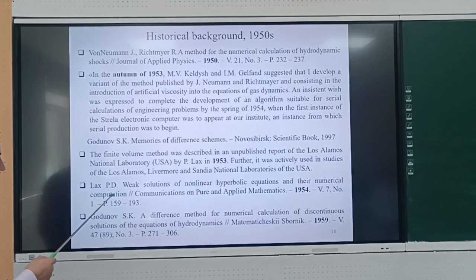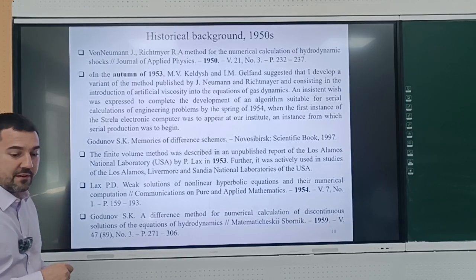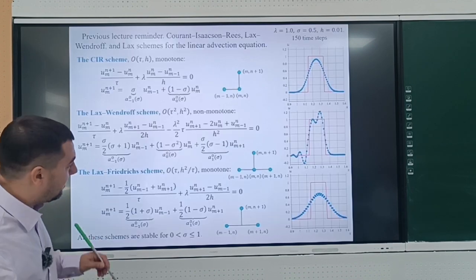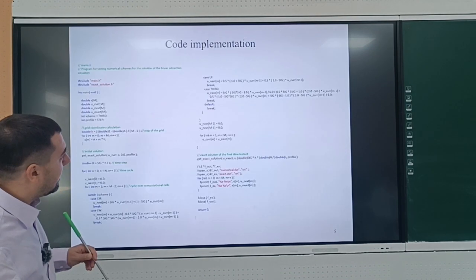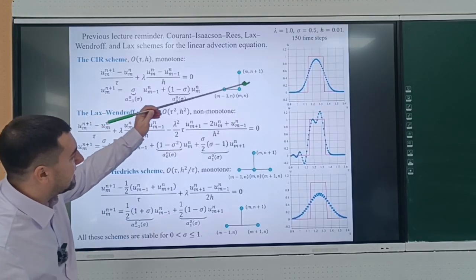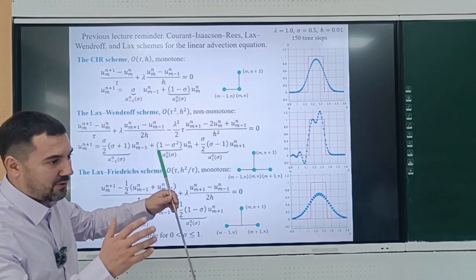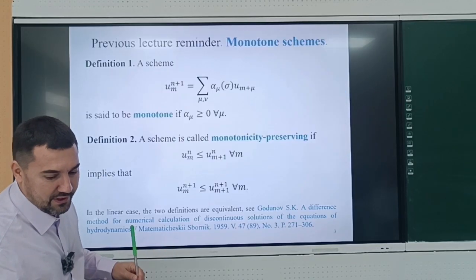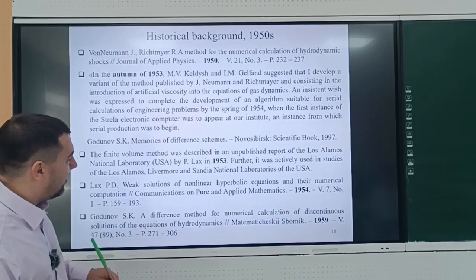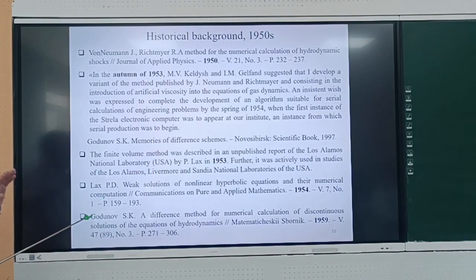And with this Lax-Friedrichs scheme, the third one, this scheme was published in 1954. And actually, the Godunov scheme is this one, if we reduce all nonlinear schemes to the linear case. Godunov said that if he had known this paper, maybe he wouldn't have developed his own scheme.